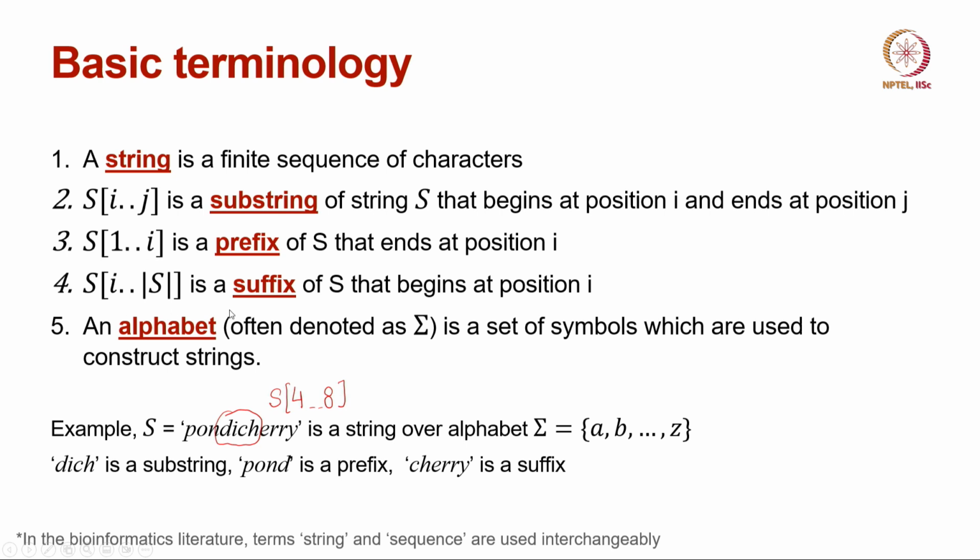Similarly, a suffix is a special substring that must end at the last character of the string. We will denote a suffix as S[i..end of S]. Again, in the Pondicherry example, POND is a prefix and I can say that cherry is a suffix of this string.